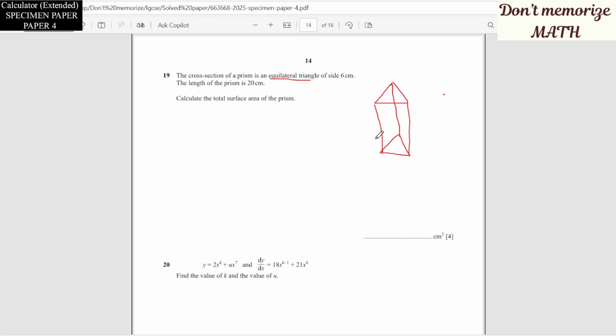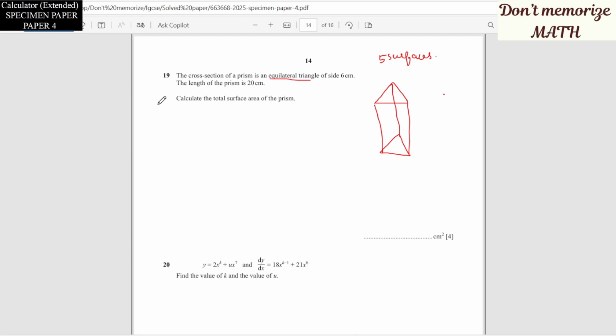We need to find the surface area. So how many surfaces do we have here? 1, 2 and 3 will be the backside, 4 and 5, total 5 surfaces. Now you have two triangles and 3 rectangles.